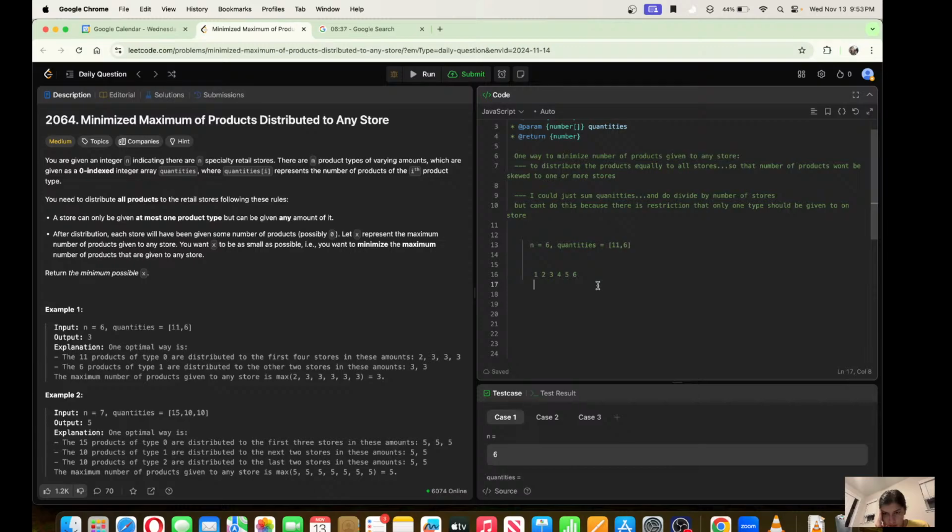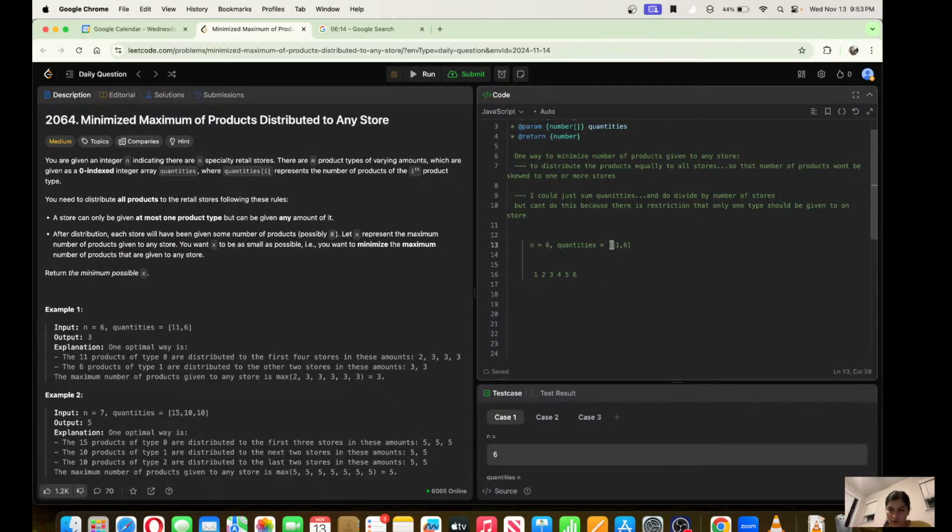11 quantities of one kind and 6 quantity of one kind. I can only distribute one quantity, and I want to reduce the number that I give to any store, and to reduce the number of quantities that I give to any store.